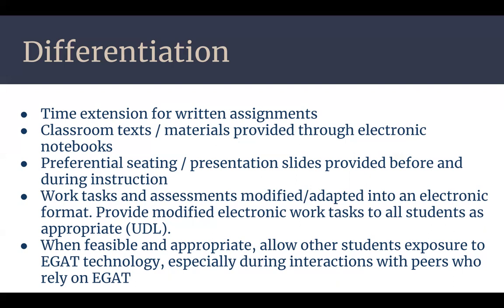Classroom texts and materials can be provided through electronic notebooks. So assignments can be modified so that they are available via the screen versus a piece of paper, which is given.